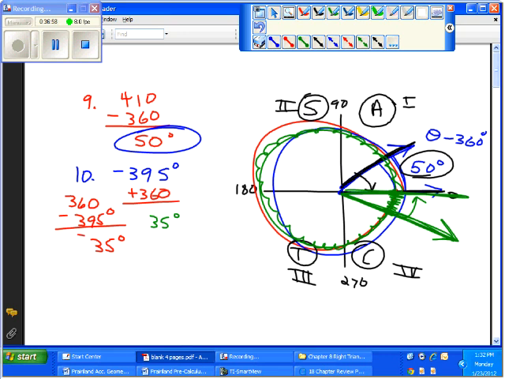But all that's really telling you is you're going 35 degrees in the negative direction. Now the reference angle is 35. The negative just told us which way to go, you see. Okay? But you do need to know which way to go, so you know which quadrant you end up with.